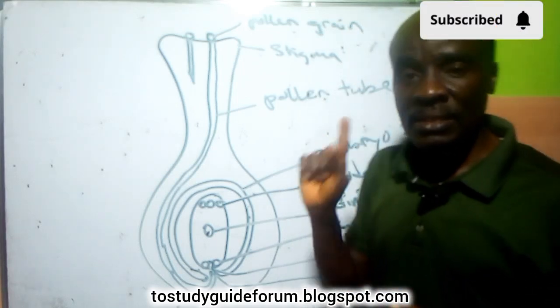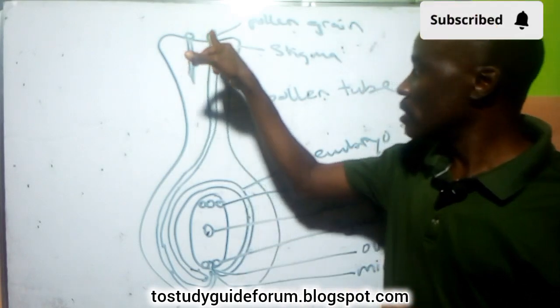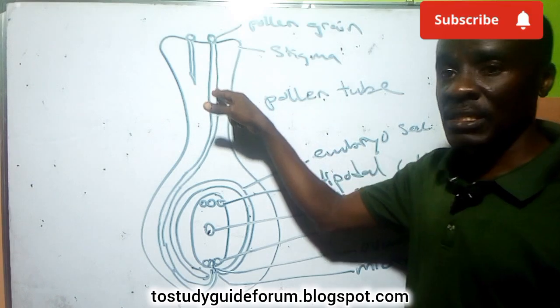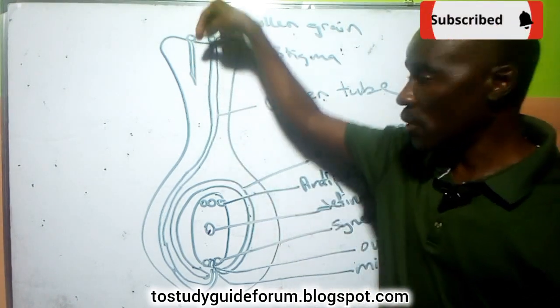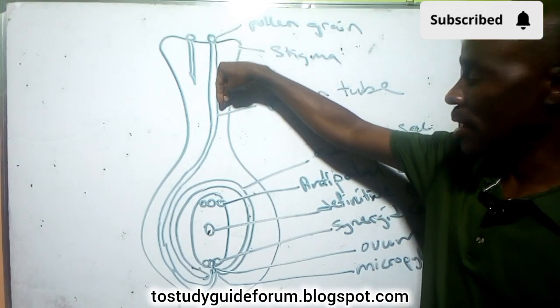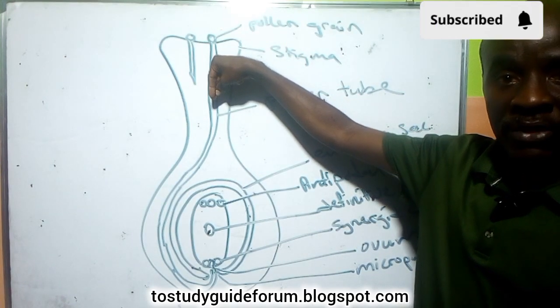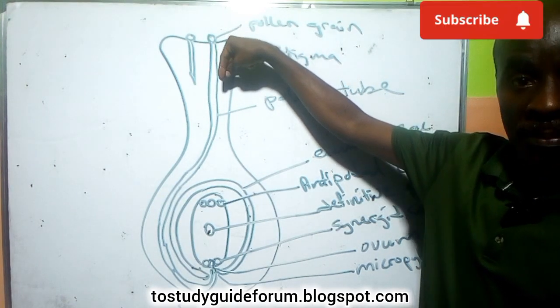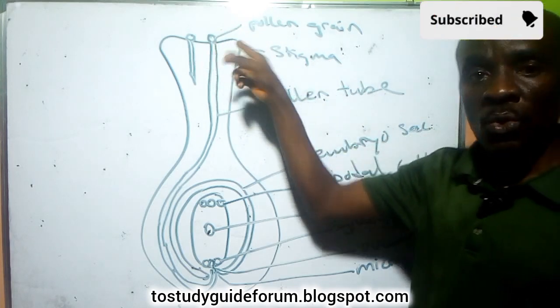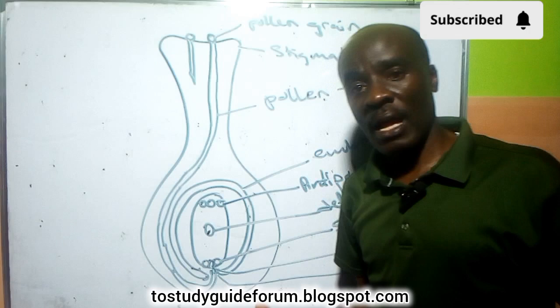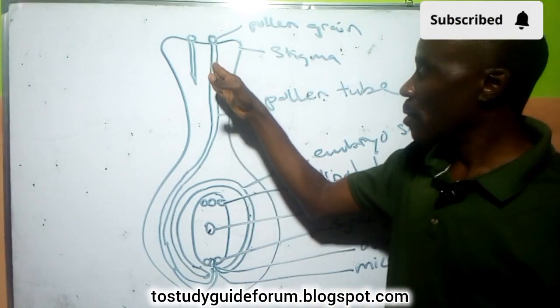While that, the tube nucleus will part away, forming the pollen tube. As they grow into the style of the pistil, the two male gametes will follow behind.